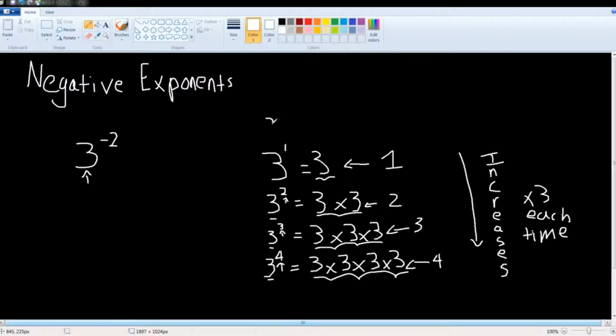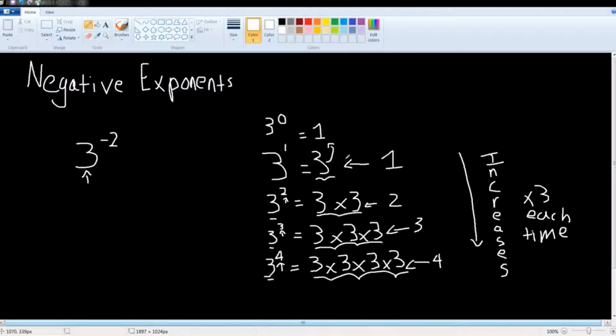Now, if we look at 3 to the 0 power, if going down is multiplying by 3, then going the opposite direction, we should be dividing by 3, right? So 3 to the 0 is 1, because 3 divided by 3 is just 1.